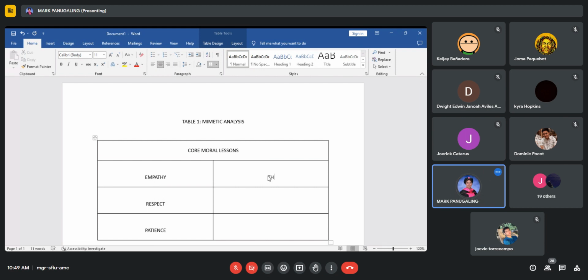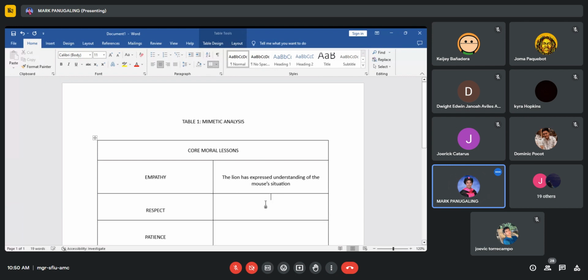And then you explain where it was manifested. Empathy: the lion has expressed understanding of the mouse's situation. Just, I don't know your story situation.